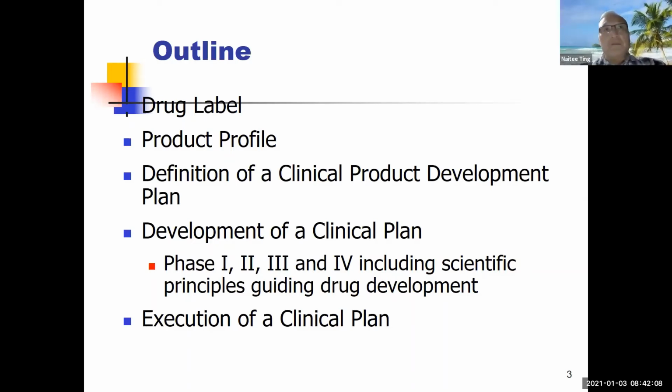If you have a new chemical entity, NCE, and you try to develop it into a new drug, the process of developing and summarizing all these results and submitting them to the FDA is called an NDA.